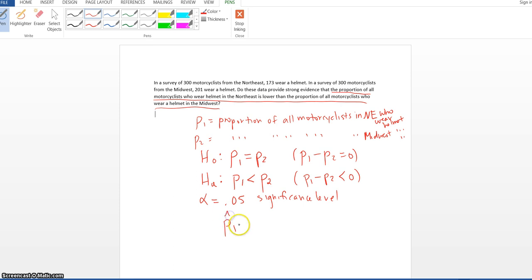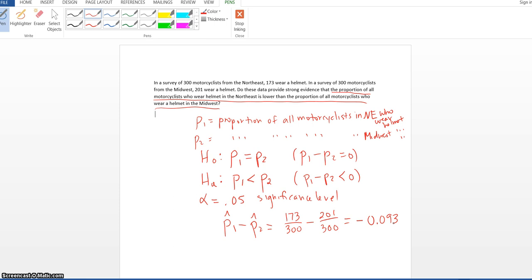P1 hat minus P2 hat is going to be my sample estimate. So here I have 173 out of 300 minus 201 over 300, which gives me a sample estimate of negative 0.093. Okay, so there's my sample estimate.